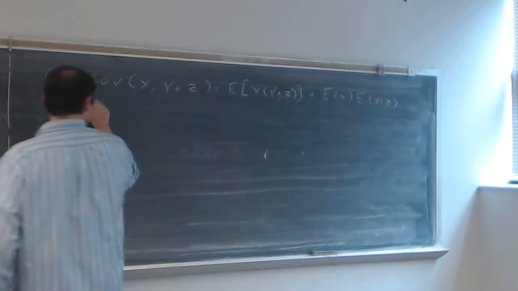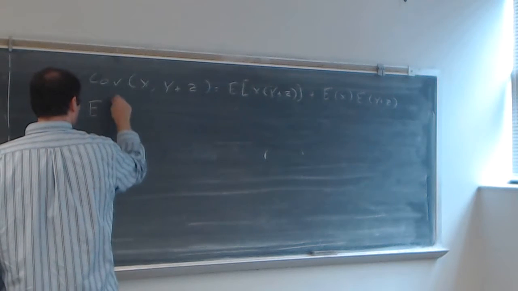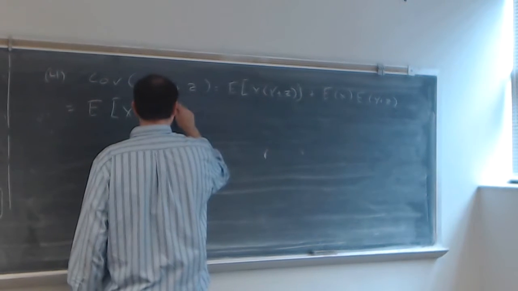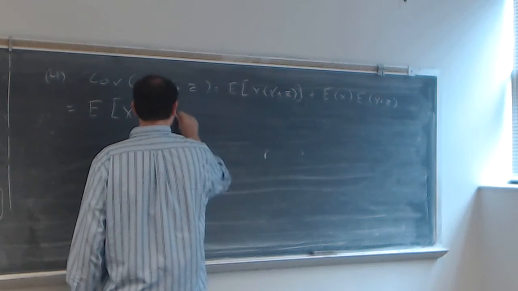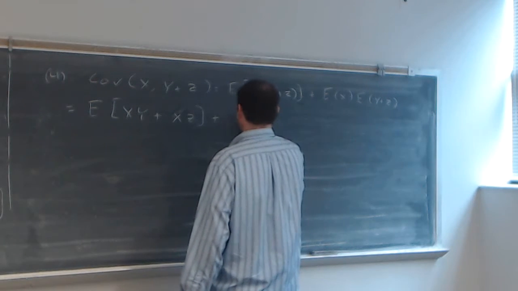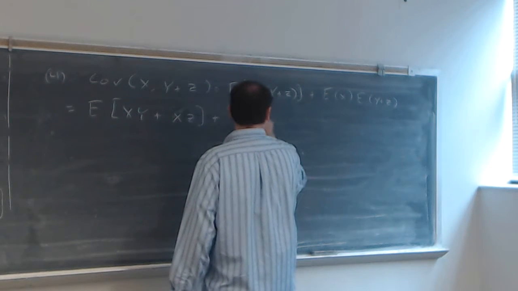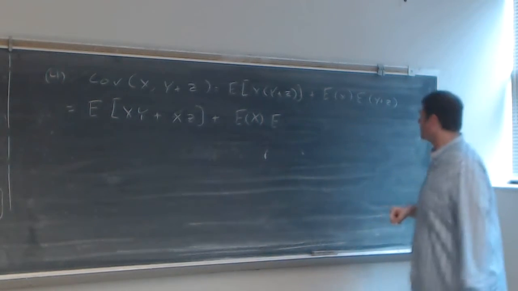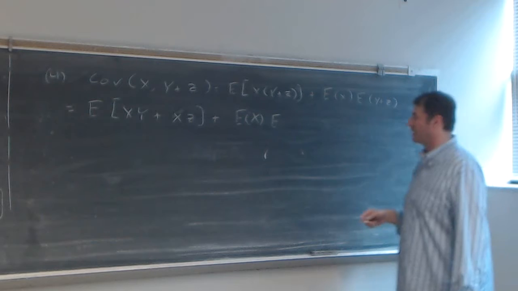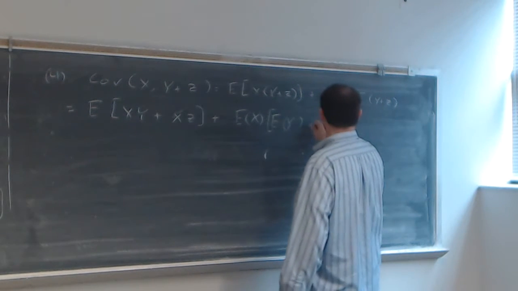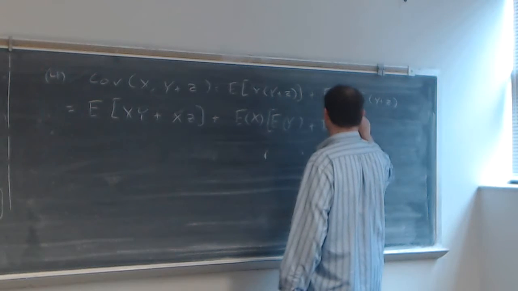When we multiply this out, we get the expected value of the quantity XY plus XZ, plus the expected value of X times the expected value. Now, what we had proven was the expected value of the sum of two random variables is equal to the expected value of the first one plus the expected value of the second.